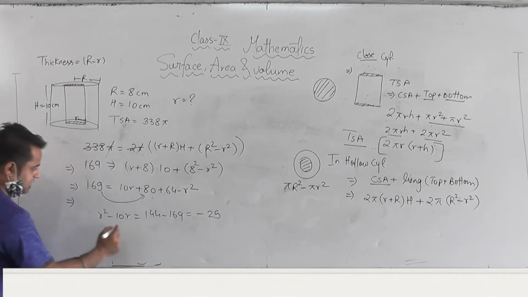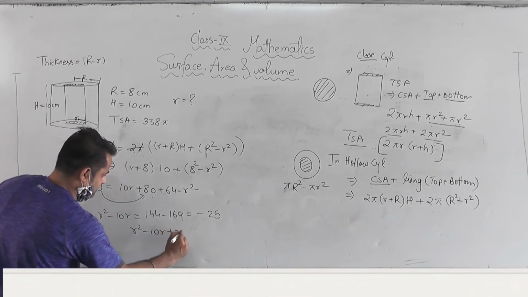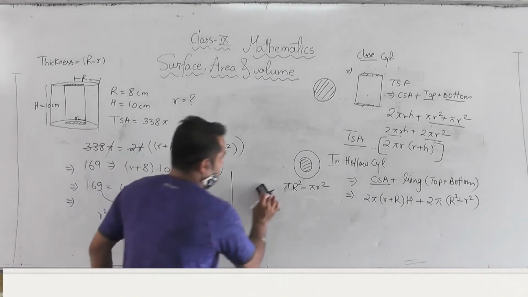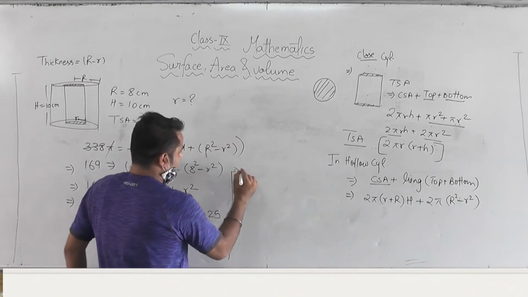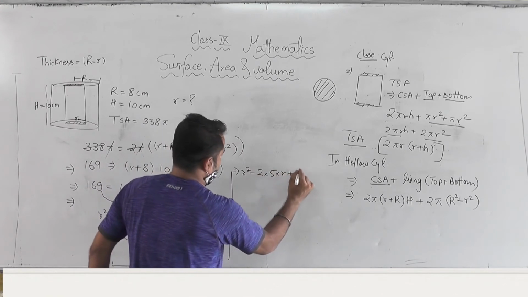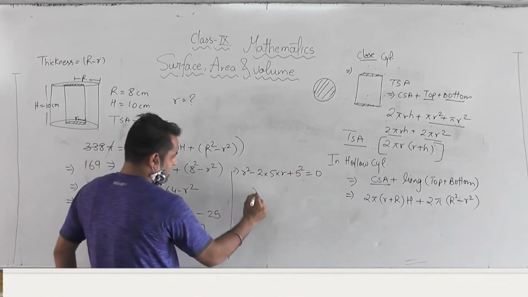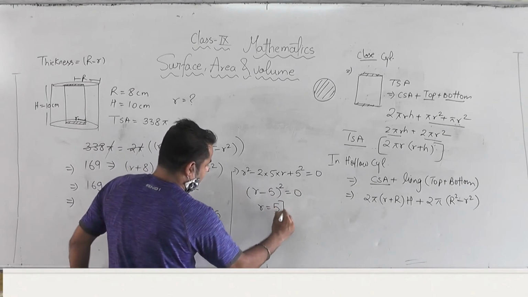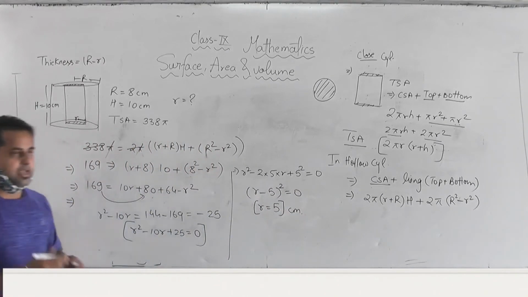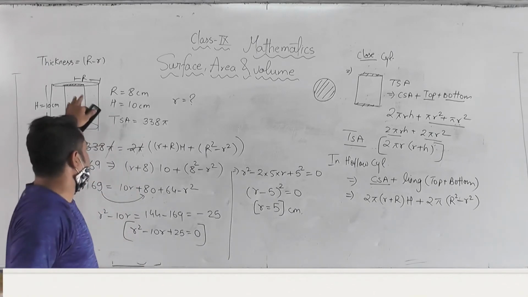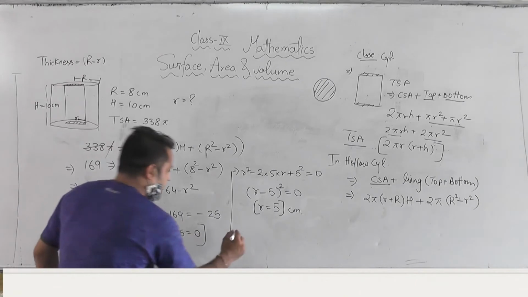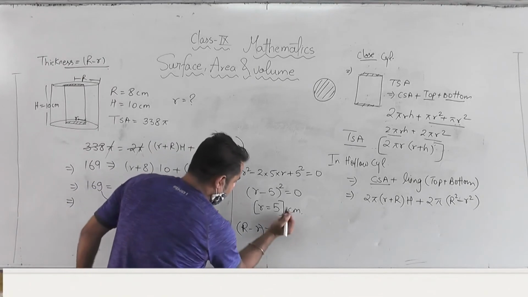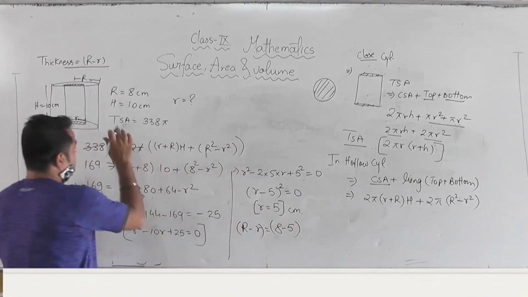It becomes r² − 10r + 25 = 0. This will be the equation. 25, we all know, is 5 squared, so we try to take it as a formula: r² − 2·5·r + 5², which is a² + b² − 2ab, so we can write it as (r − 5)². Then, transposing, r comes as 5 centimeters. This is the small r, the inner radius of that hollow cylinder, and the thickness we talked about before we can determine as 8 − 5, because 8 was the outer radius.